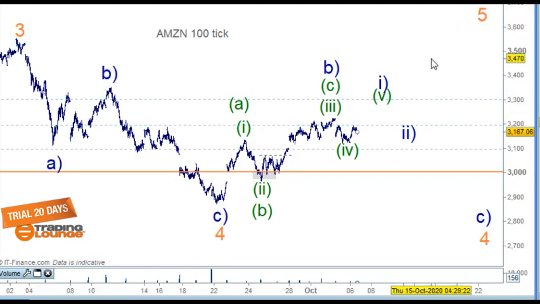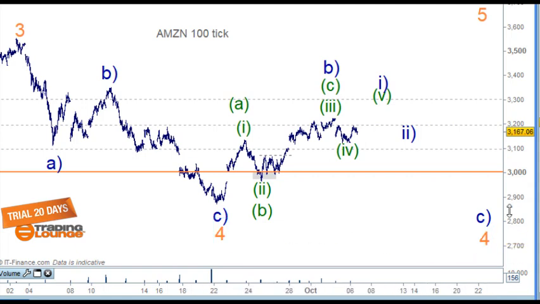Now the thing is that wave 4s can get complicated, as you know, and we may just end up with a larger wave 4 coming over this side over here. So this current move up through here, I just wanted to take a look at this.